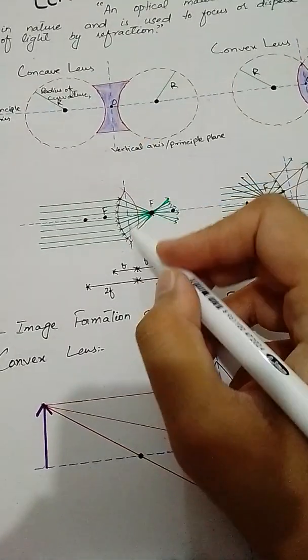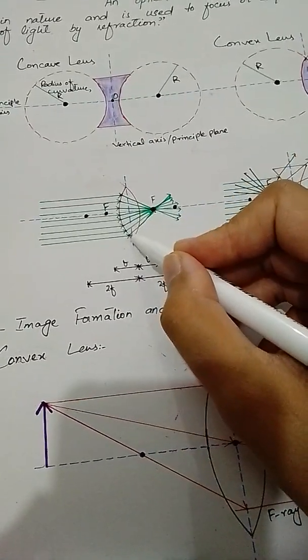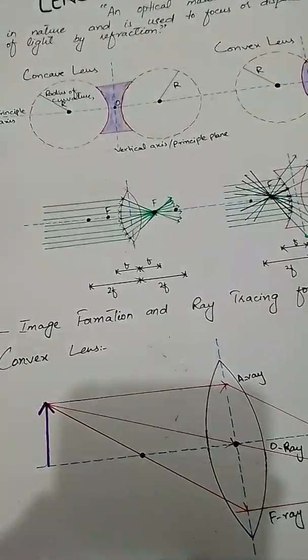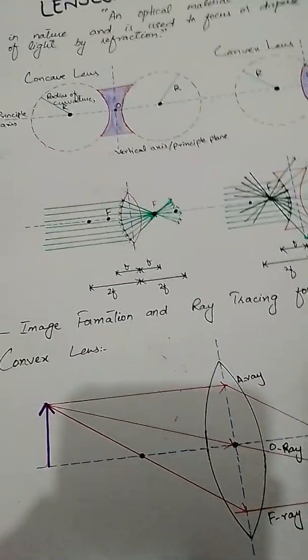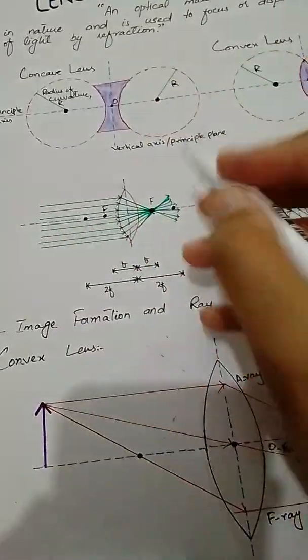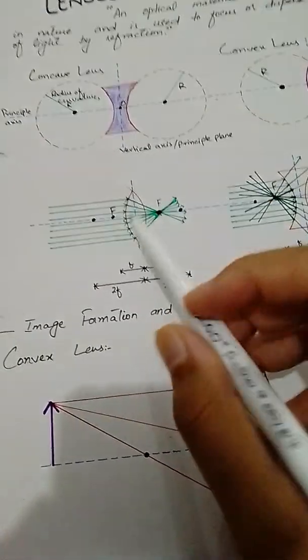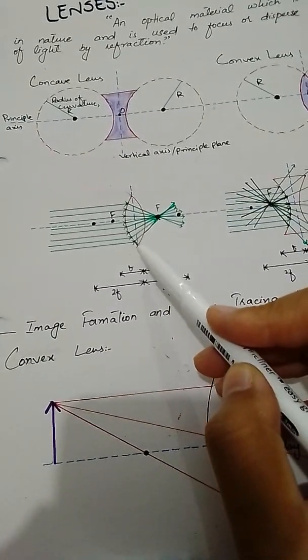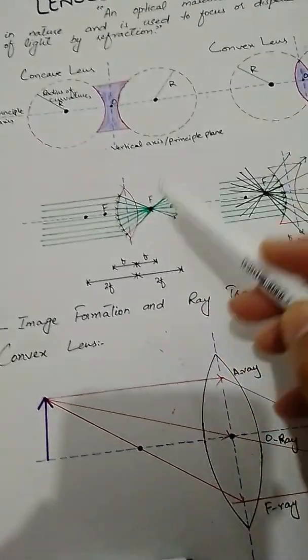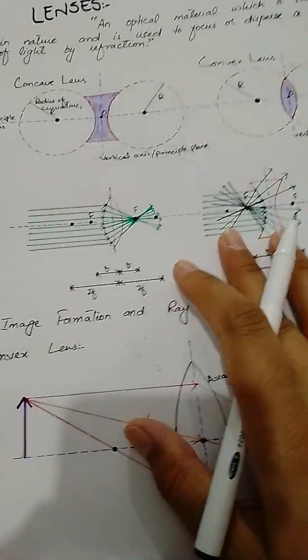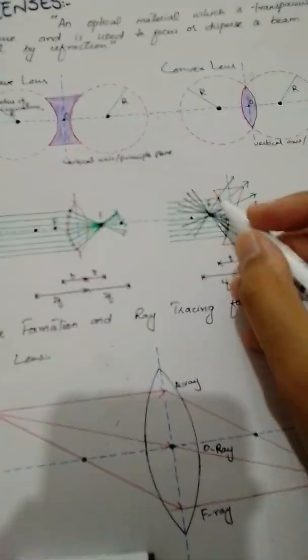In this case, it is as simple as the concave mirror among the spherical mirrors. In case of lenses, the convex lens is the simplest one. So these are opposite cases to one another.